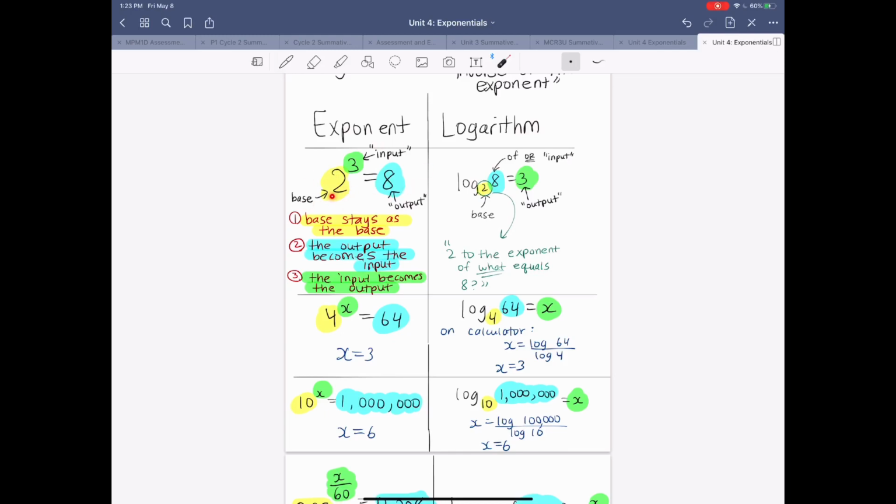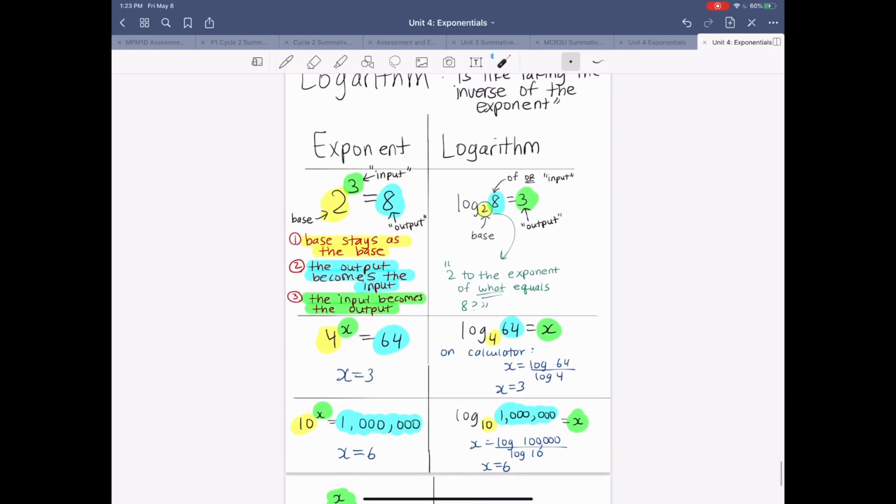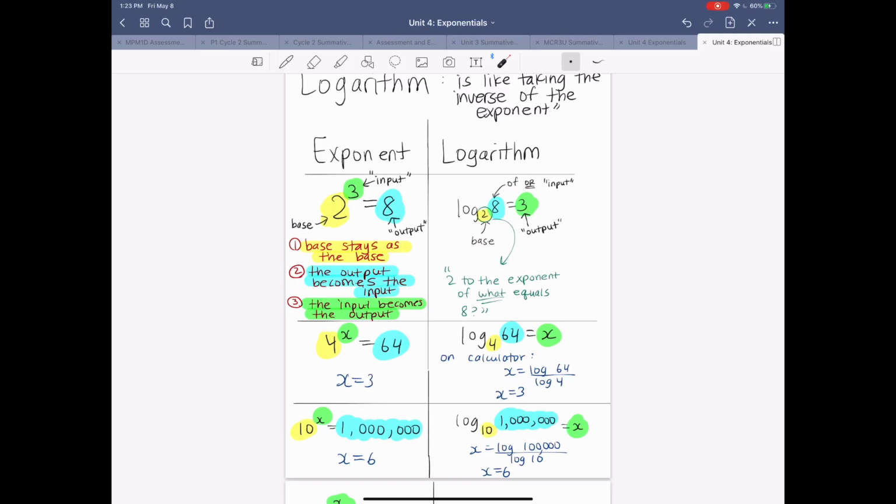So the base is 2, the input, the exponent, is 3, and the output is 8. What a logarithm does is, if you have a log with a base of 2 and you're taking it of 8, the answer is 3. So what you're really saying is, 2 to the exponent of what equals 8? Well, the answer is 3.